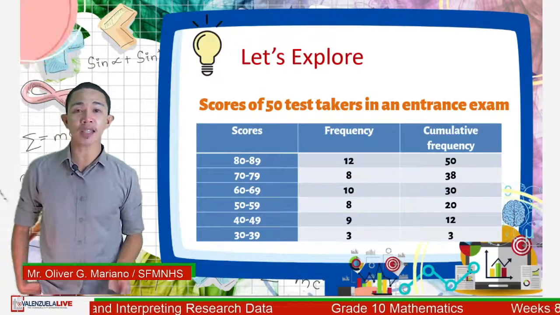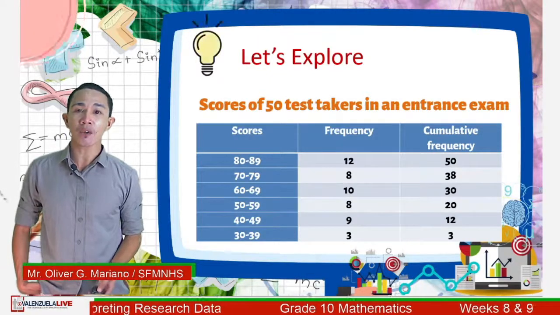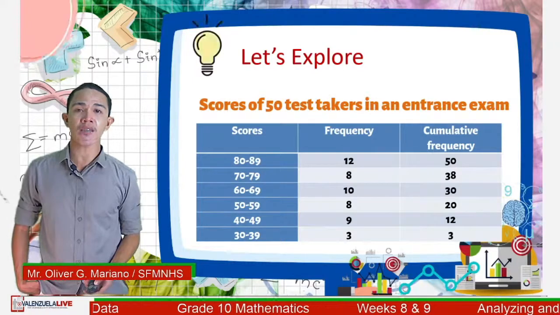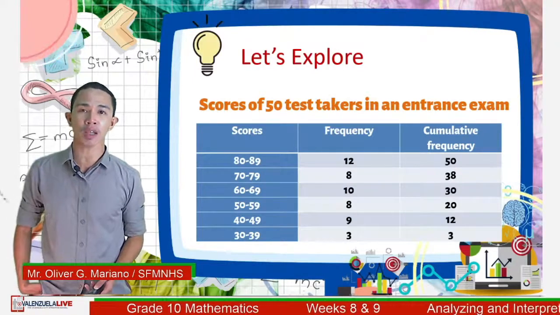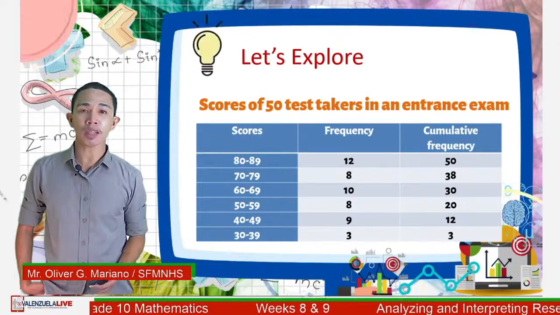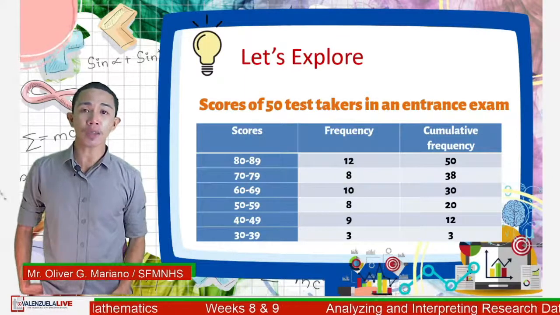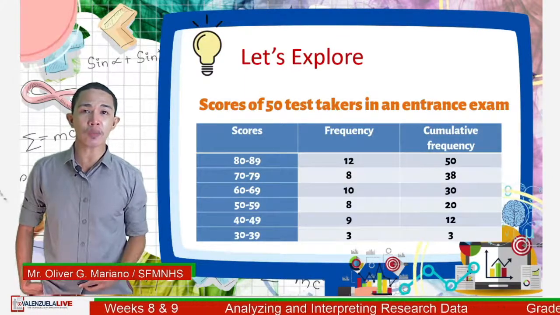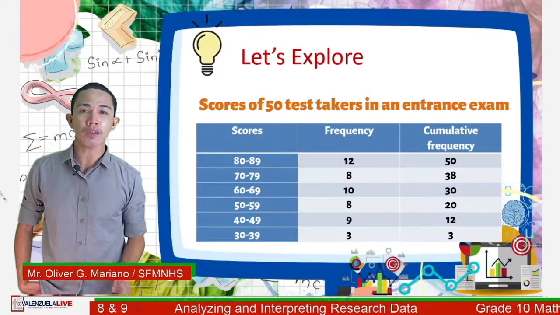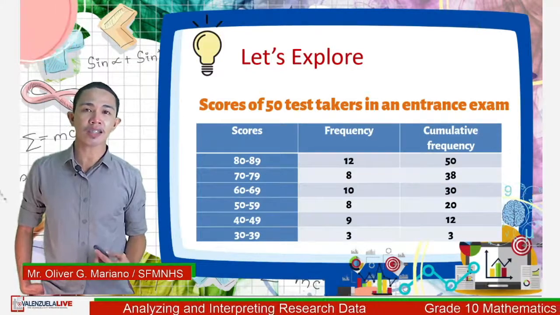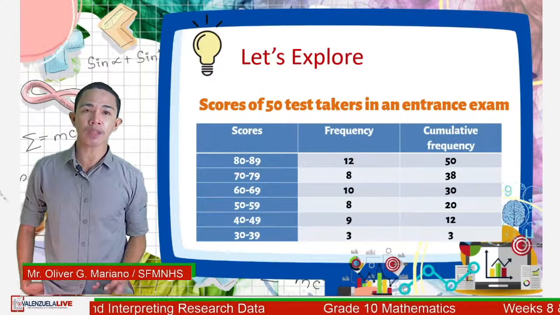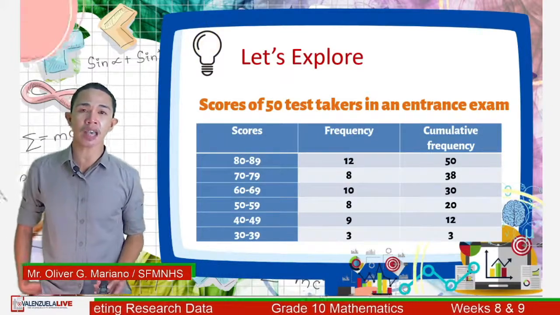For 60 to 69, we have 10. For 70 to 79, we have 8. And for 80 to 89, we have 12. You may also recall that the cumulative frequencies are obtained by adding successively the frequencies starting from the last row. So we obtained there 3, 12, 20, 30, 38, and 50.